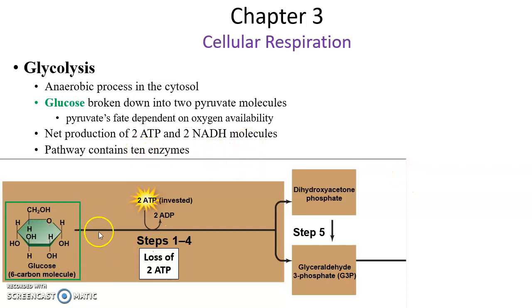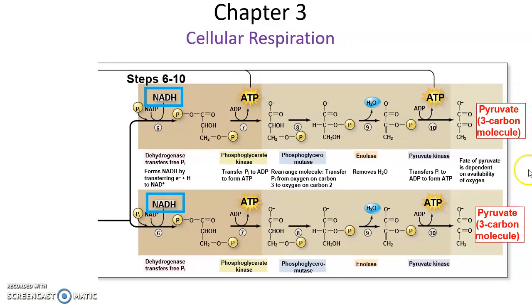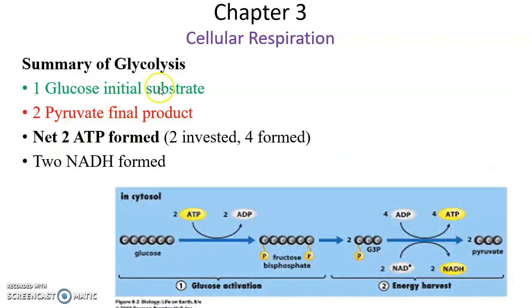So we start off with glucose, lots of things happen, and then we get 2 pyruvates, and a net gain of 2 ATP and a net gain of 2 NADH. So, summary, we start with the glucose, we end with 2 pyruvates, which are 3 carbon molecules, and 2 ATP and 2 NADH, or NAD plus gained hydrogen.